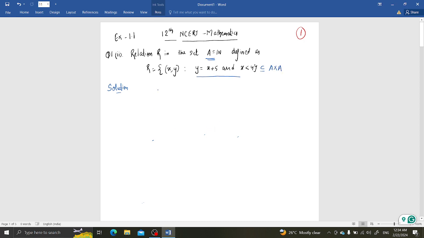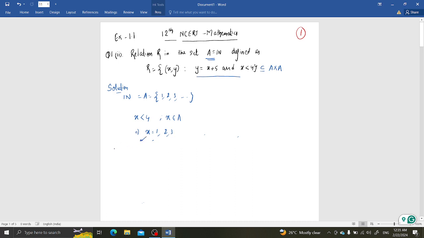Now first of all, find R explicitly, or find R completely. Here A is the set of natural numbers, that is 1, 2, 3 and so on. Now, as they said, the x value has to be less than 4, so the value of x will be 1, 2, 3 because x belongs to A and x is less than 4, so we have only 3 possibilities.